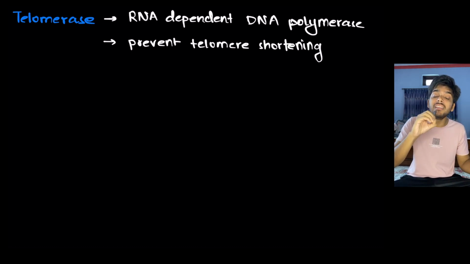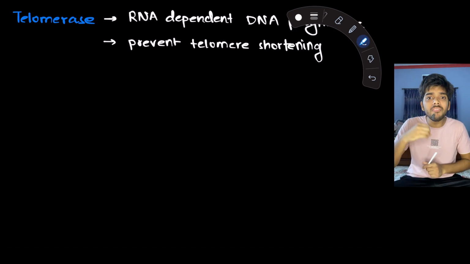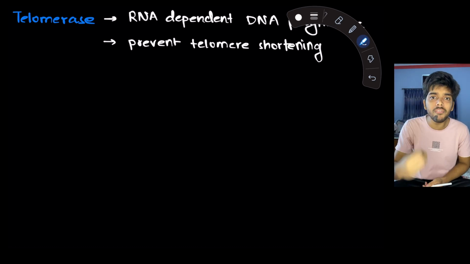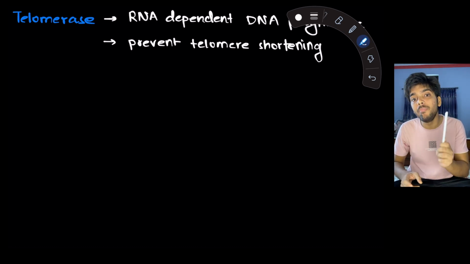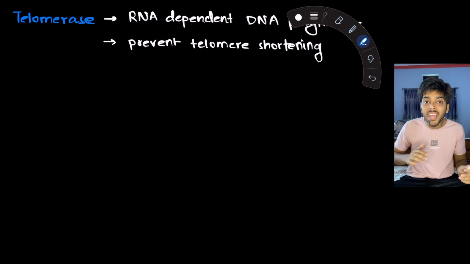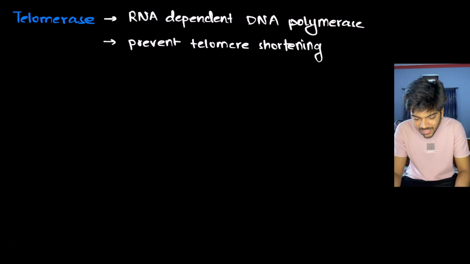That means the cell is able to show unlimited cell division. That means the cell will never become old. Cellular aging will never occur. That means the cell will become immortal. You will become immortal. So hypothetically, if every cell in your body contains unlimited telomerase activity, you can become immortal. That is why this enzyme is also referred to as the immortality enzyme.